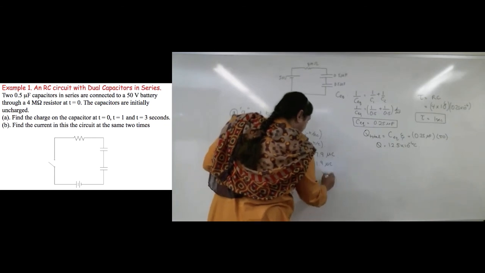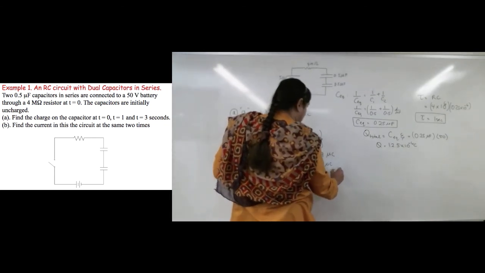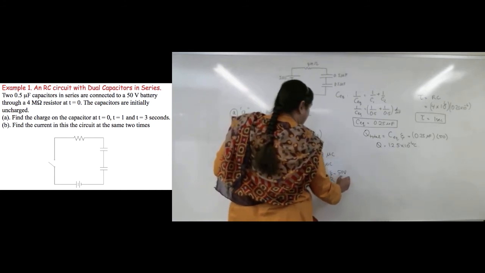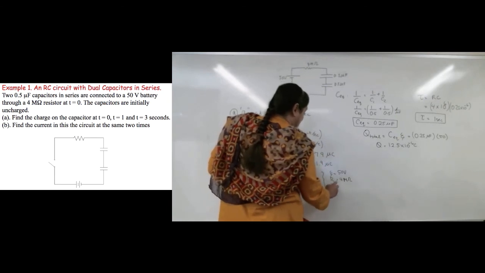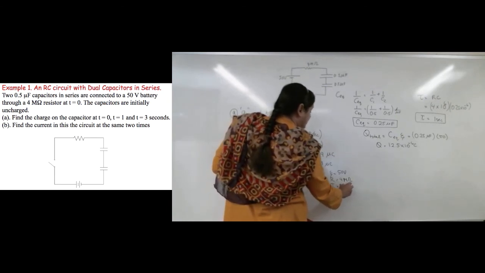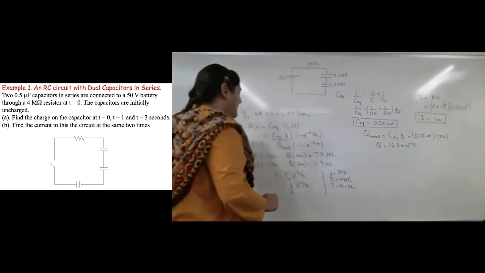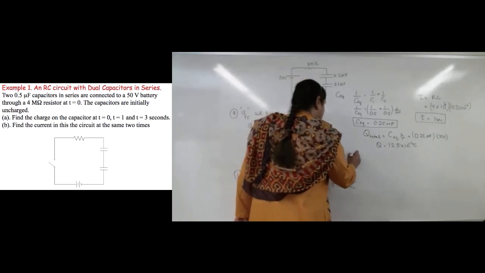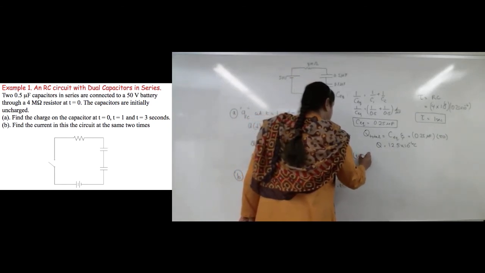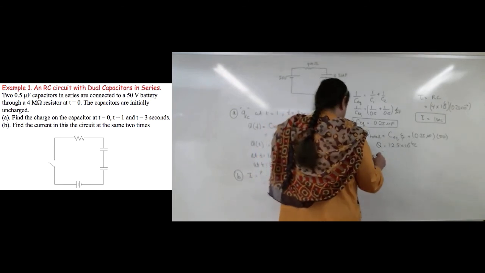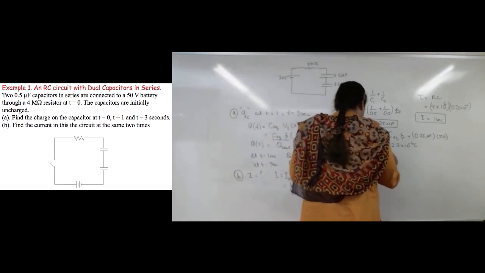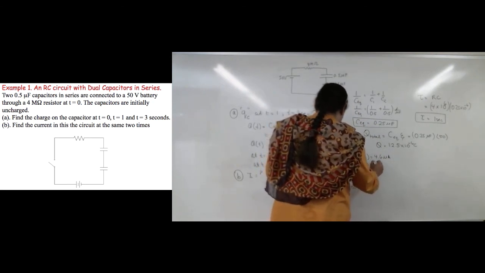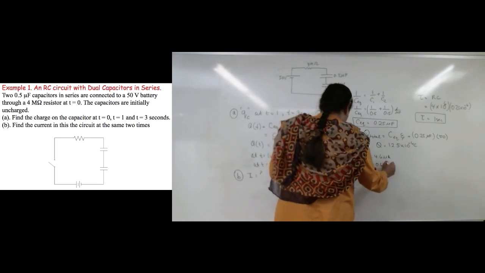Given that E is equal to 50, R equals 4 mega ohms, tau or RC equals 1 second, can you calculate I at t equals 1 second? Absolutely. My answer is 4.6 microamps. And I at 3 seconds, I calculated to be 0.622 microamps.